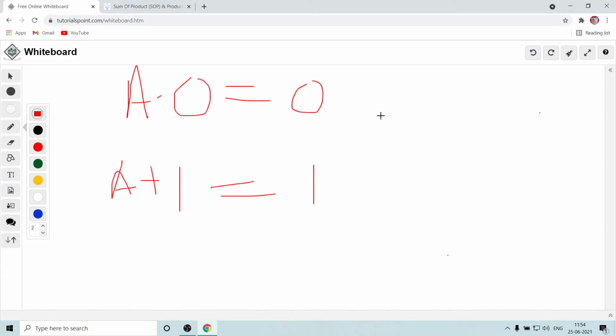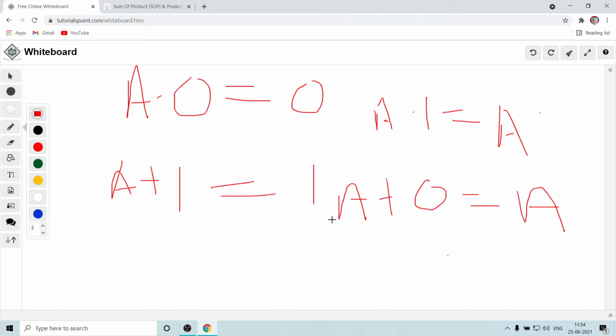The identity law is also there. A dot 1 is equal to A. Or if we are writing A plus 0, we are getting A. Either if we are using plus with 0, we get A. Either we are using dot 1 is equal to A. So these are another laws.